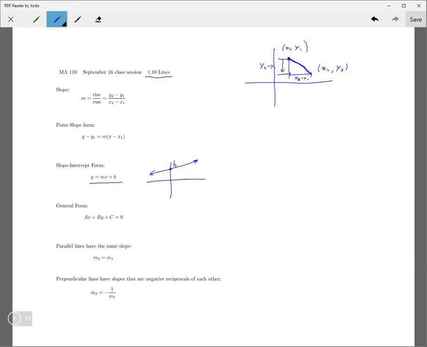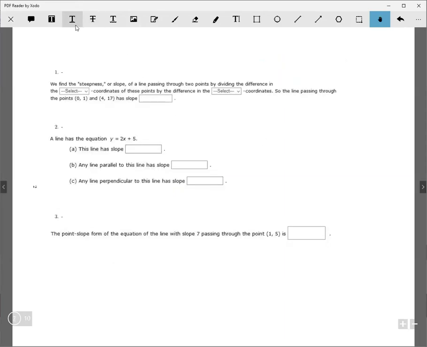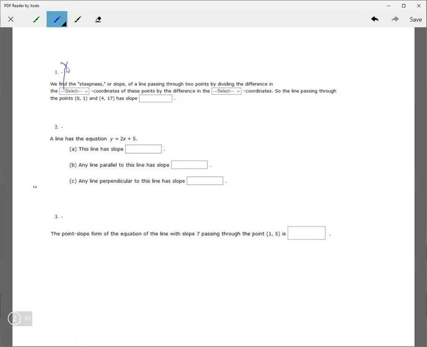So that's just a brief introduction. Let's get into doing some exercises. Number 1, we find the steepness or slope of a line passing through points by dividing the difference in y coordinates by the difference in x coordinates. So the line passing through these 2 points just goes back to the formula that was on the first page.